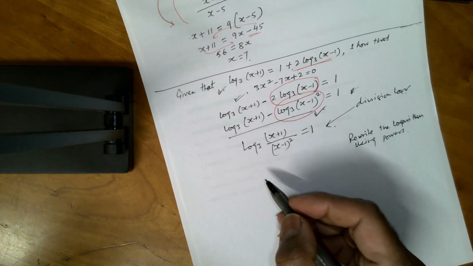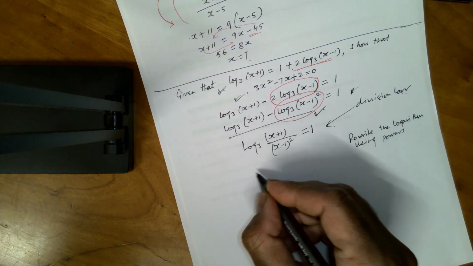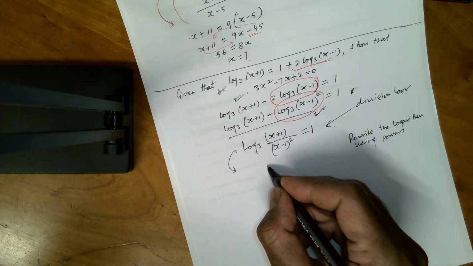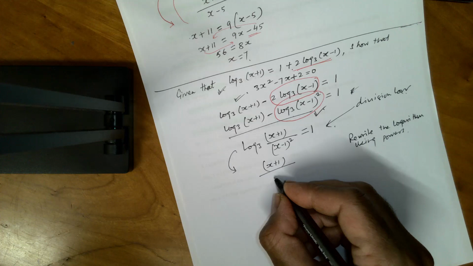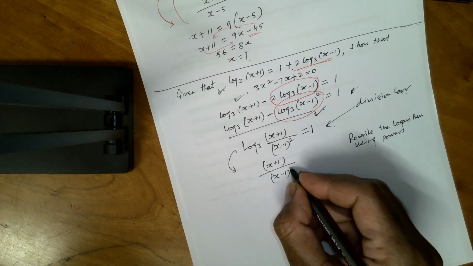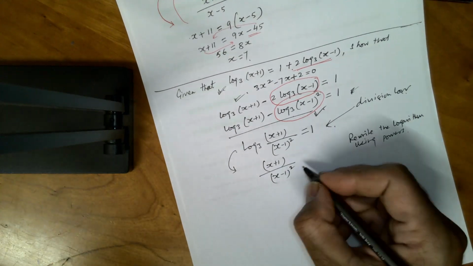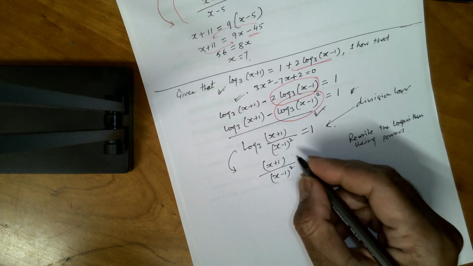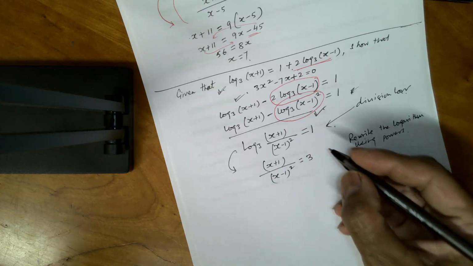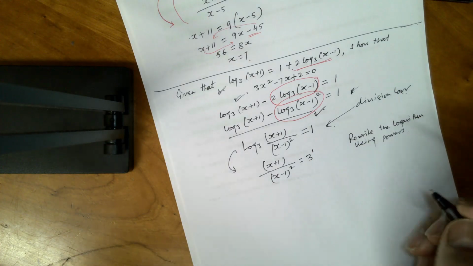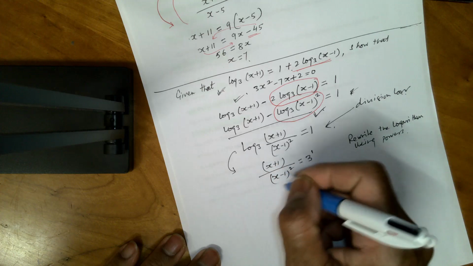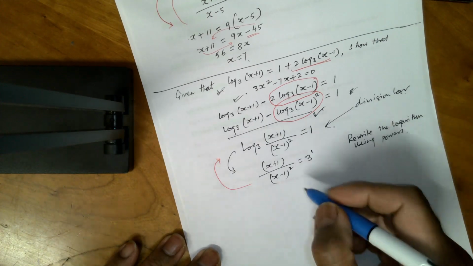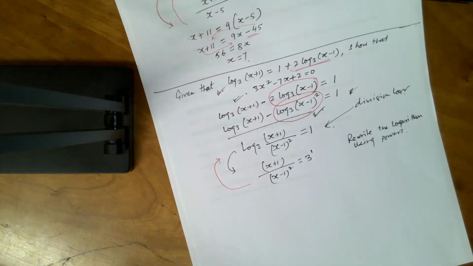So now this can be written as, you got here (x plus 1) over (x minus 1) to the whole square, and that is your 3 with power 1. So this can be written like this, and also you know that in logarithm form you can use this to write into logarithm form.